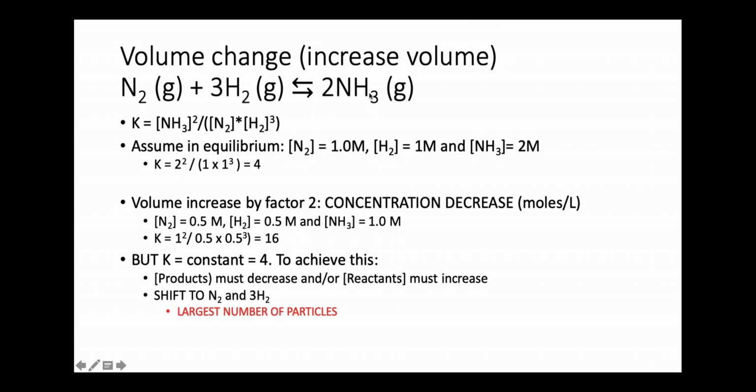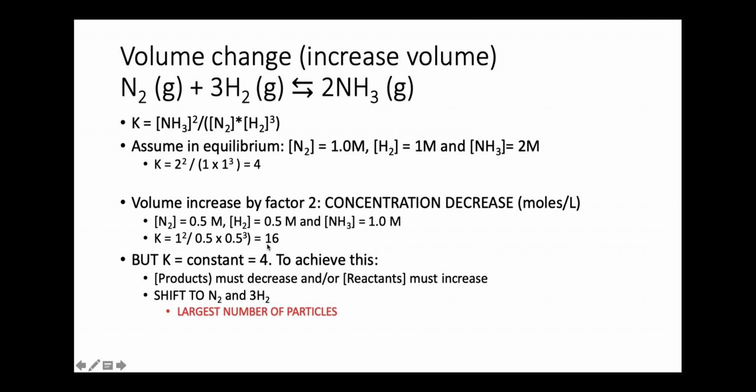And probably you will not be surprised that when we increase the volume, it's the other way around. Here we have the situation we started with. Now I'm going to increase my volume by a factor of 2. The concentration decreases because I have a larger volume. So my new concentrations are 0.5 M for N2 and H2, and instead of 2 M, I now have 1 M for NH3. When I plug in these numbers, I get a value for K of 16.